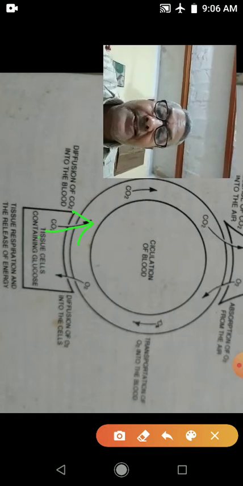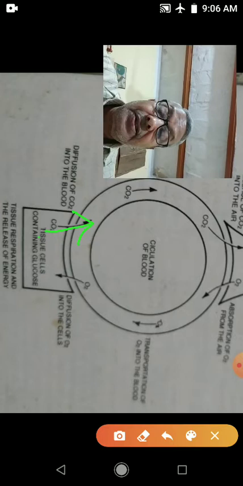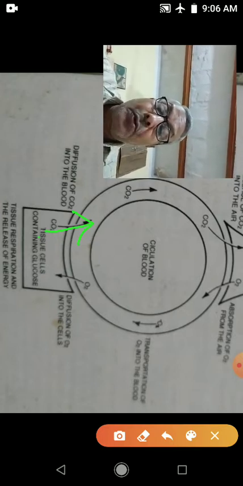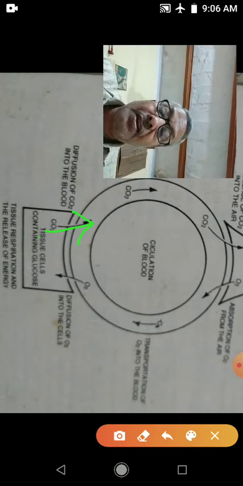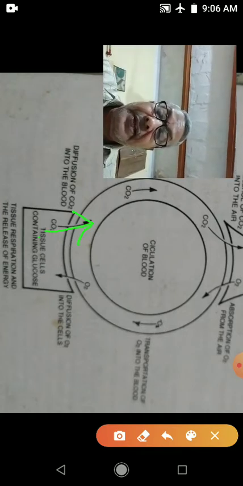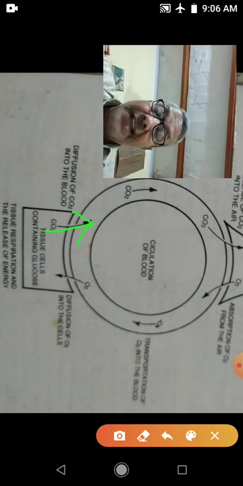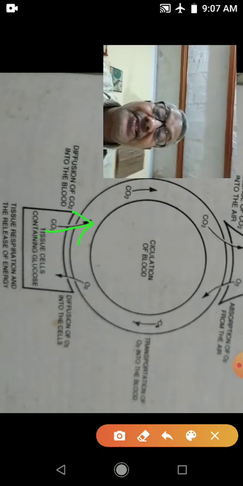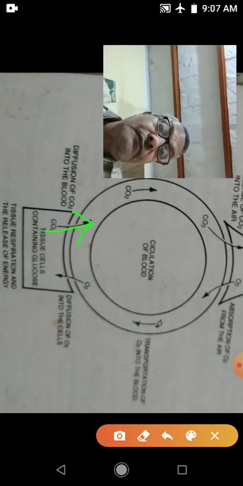5 to 10% of carbon dioxide is transported in the form of carbonic acid. Carbon dioxide enters the blood, it dissolves in blood plasma and forms carbonic acid. So it dissolves in plasma and it is transported as a simple solution.